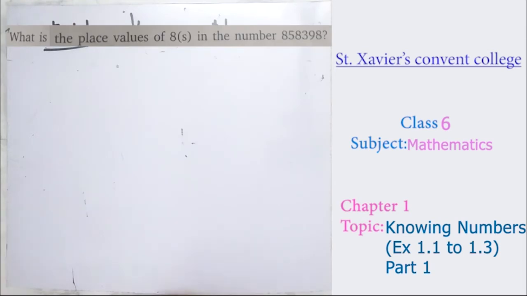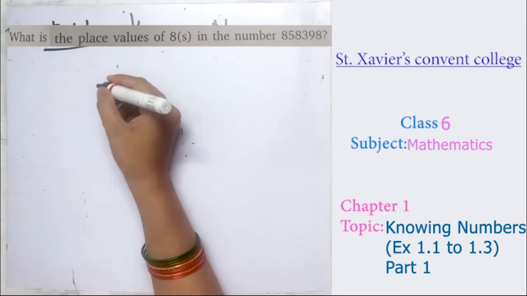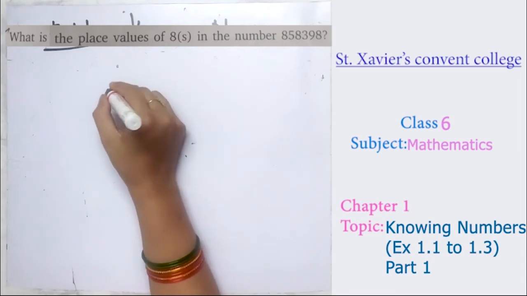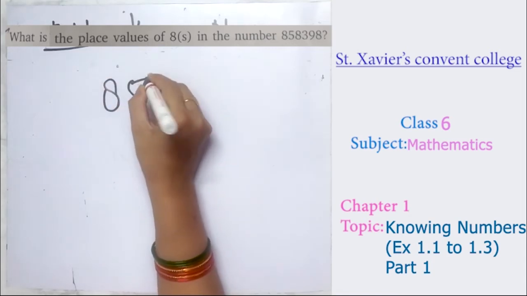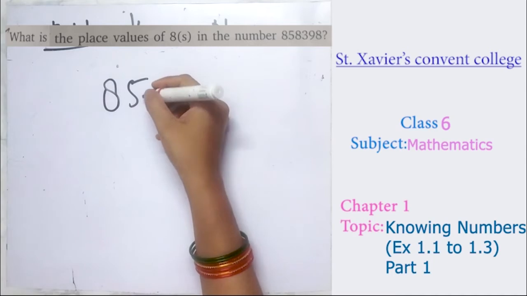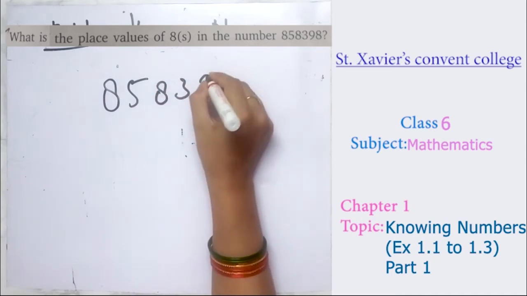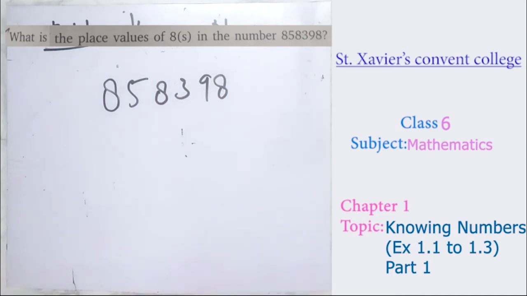What is the sum of the place value of 8 in the given number? You have to write the place value of the 8 in the number 8, 5, 8, 3, 9, 8.